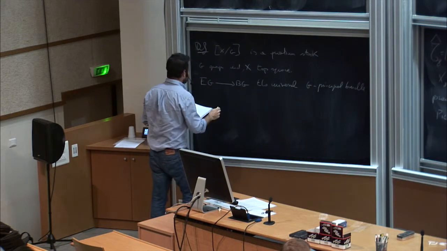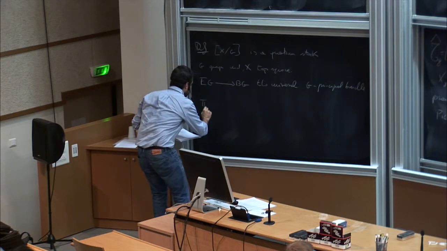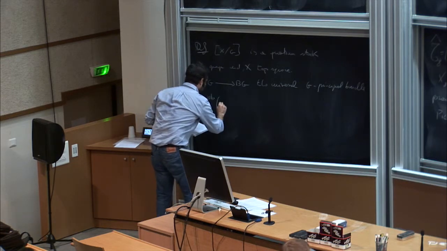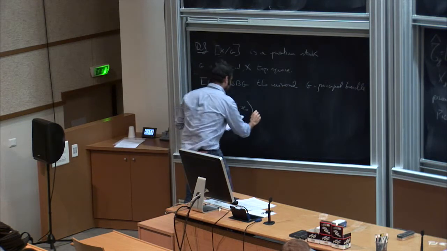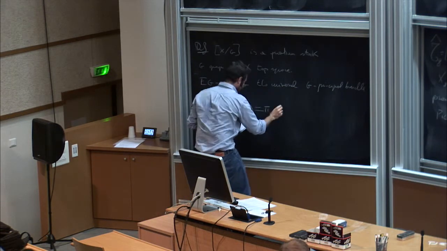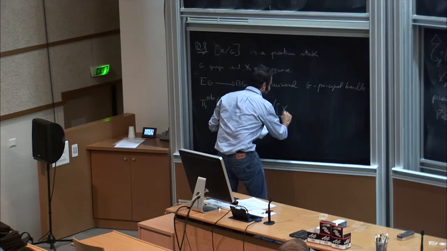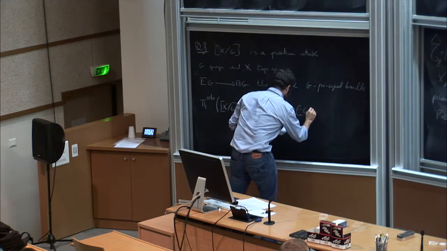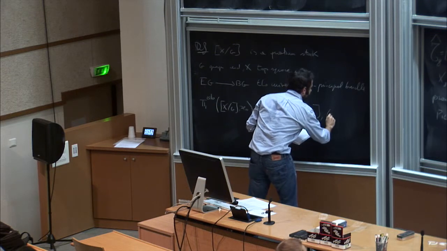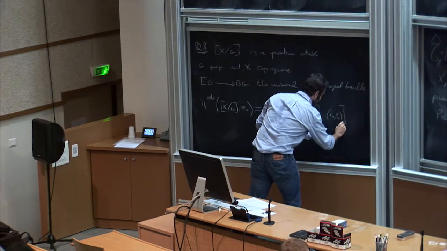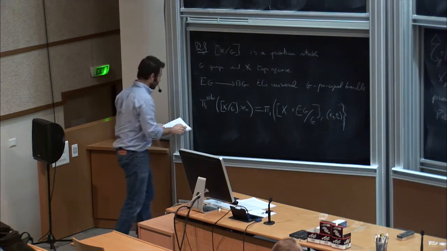So the orbifold fundamental group is defined as follows. It is defined as the classical fundamental group of the quotient of X times EG over G, at the point (x_0, t), and t is any point of EG.